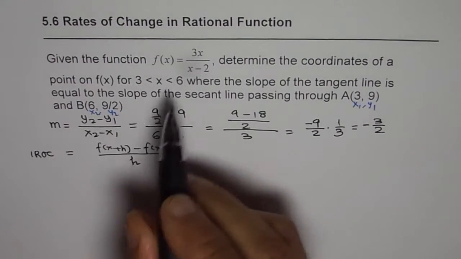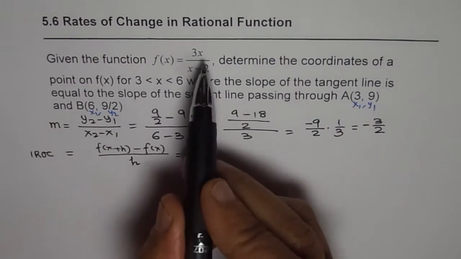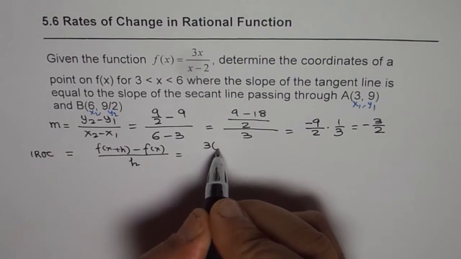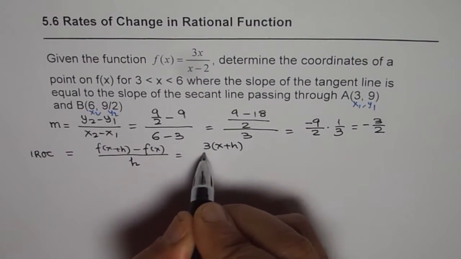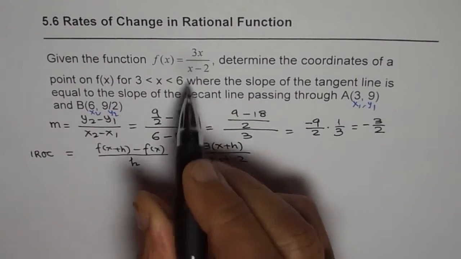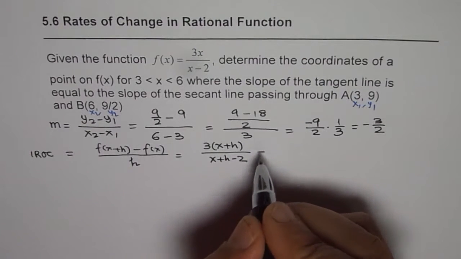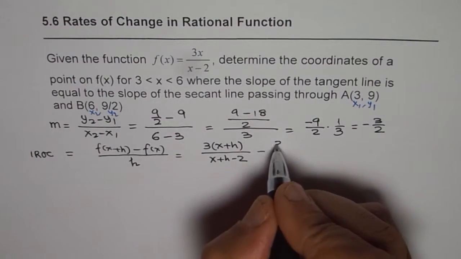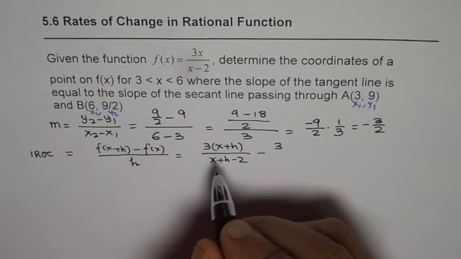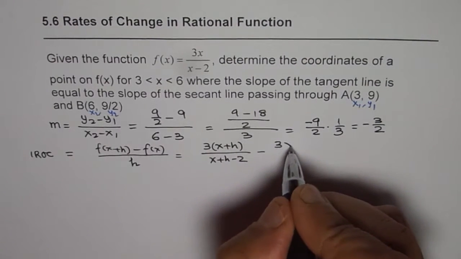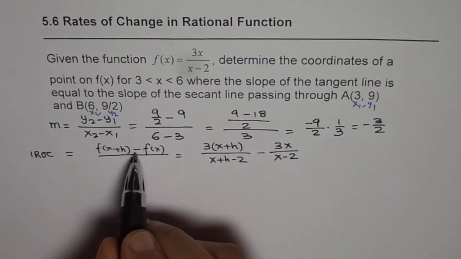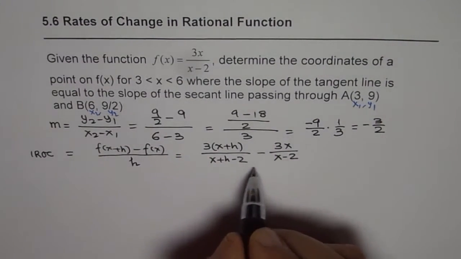So in this particular case, we replace x with x plus h, correct? So we will get 3 times x plus h over x plus h minus 2, correct? We are replacing x with this, minus f of x, the same function, right? You could use a also, any point a, and then figure out, but I prefer to write x itself. So we have 3x over x minus 2. So that is f of x plus h minus f of x, divided by h.